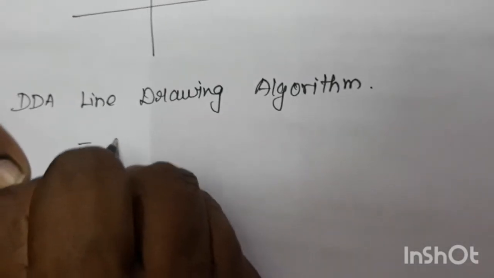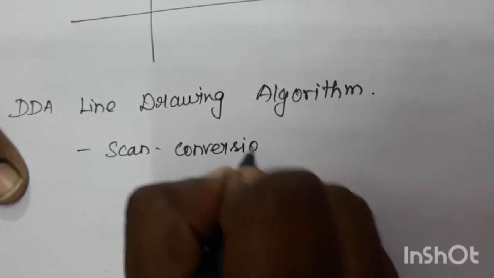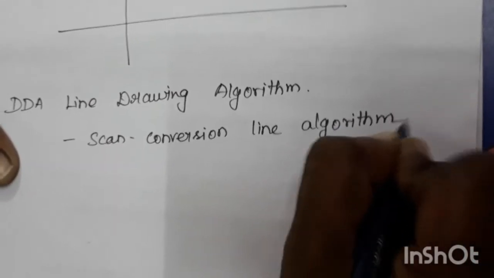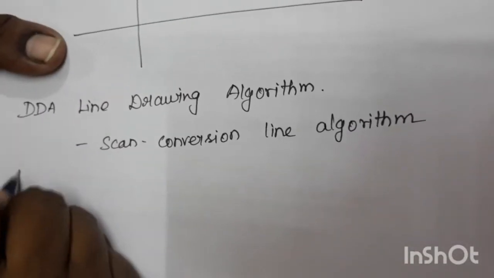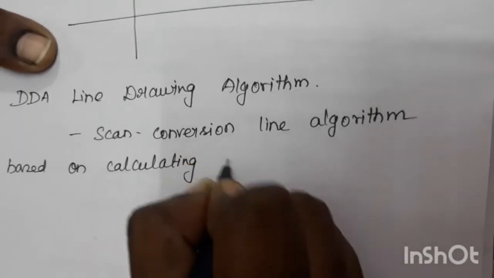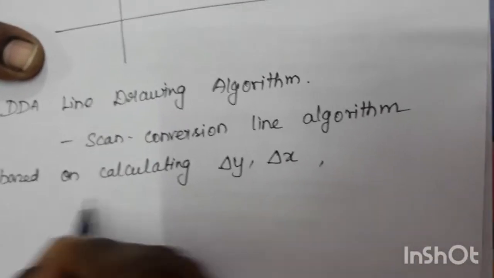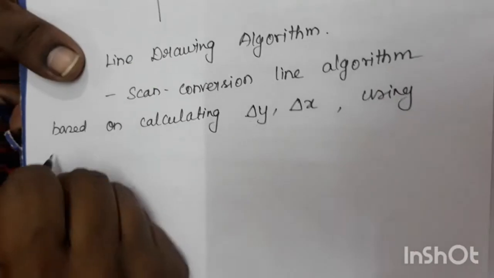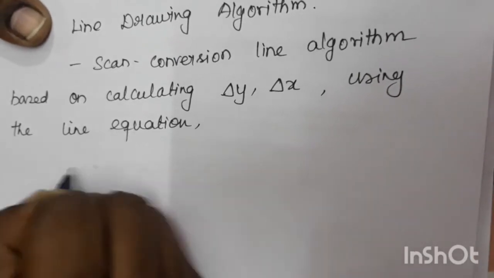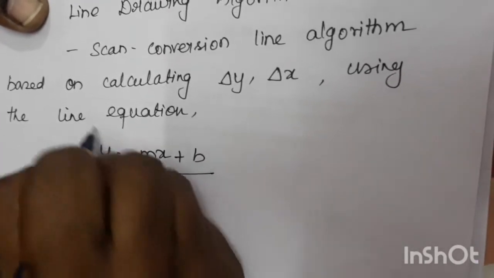It is a scan conversion line algorithm based on calculating either del x or del y, using the line equation, which is y equal to mx plus b or c, whatever we can take.